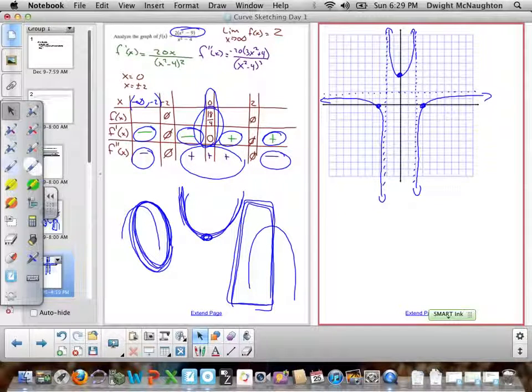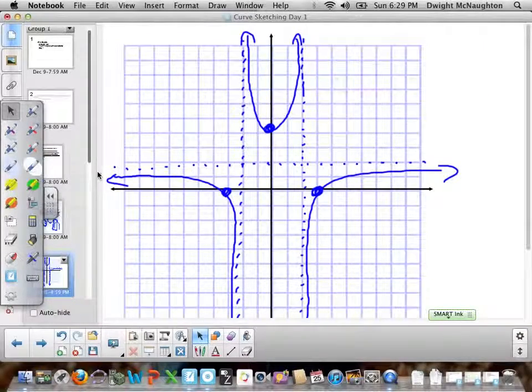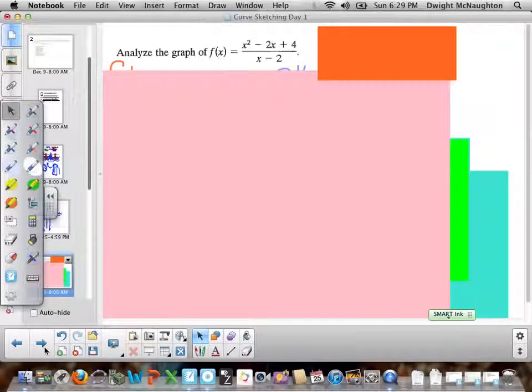Let's take a look at another example. All right, analyze this graph. Again, we want to try and remember our intercepts. I forgot that on the last one. So for what makes the top 0 on that graph, there is nothing that makes the top 0.